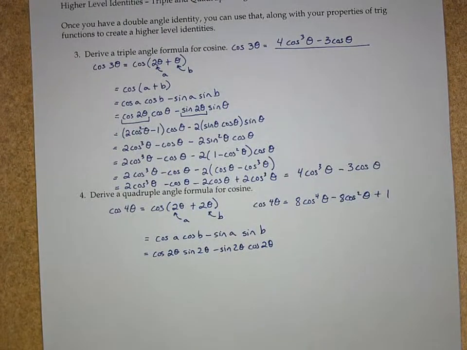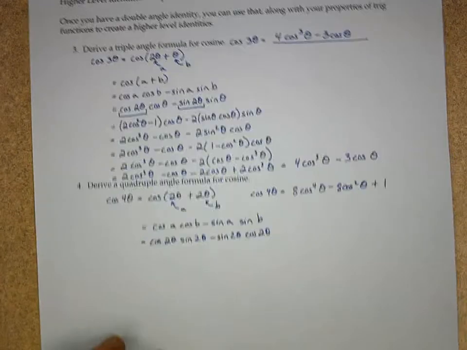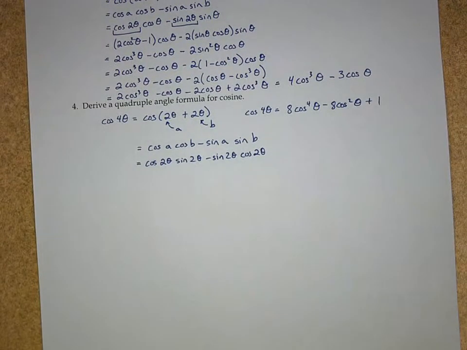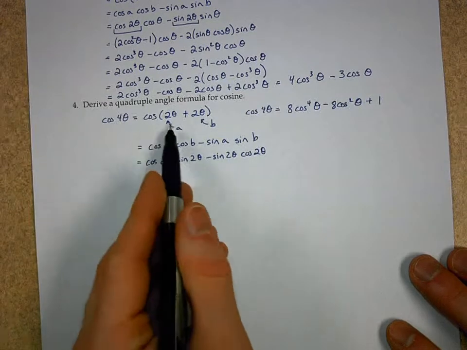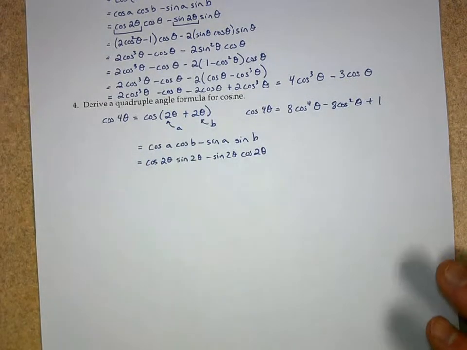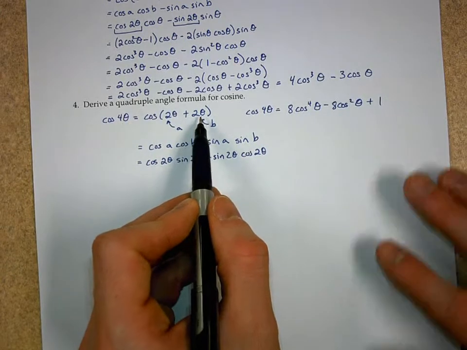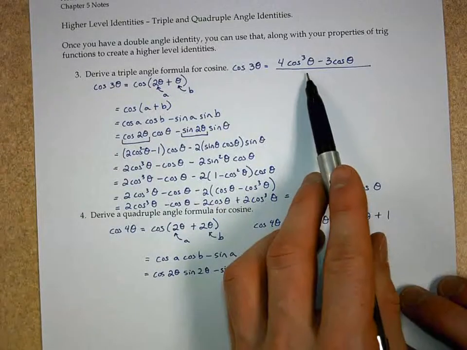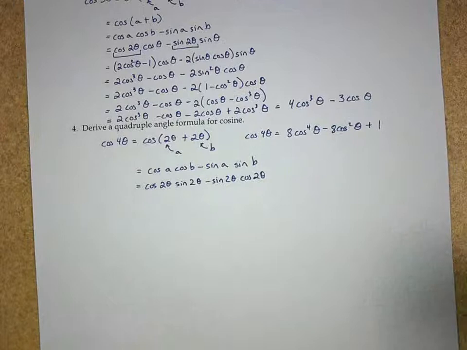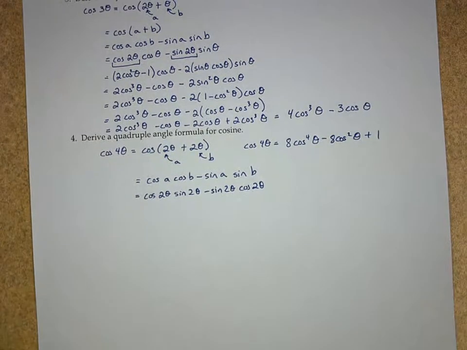So that's how you would expand higher level identities. For the cosine of 4 theta, here I did cosine of 2 theta plus 2 theta. I could have just as easily said the cosine of 3 theta plus theta and used the 3 theta result I got up here and regular theta and solved it that way as well. But I would challenge you to see if you can come up with that given the start I've given you.